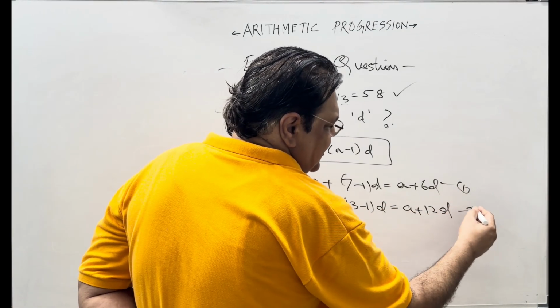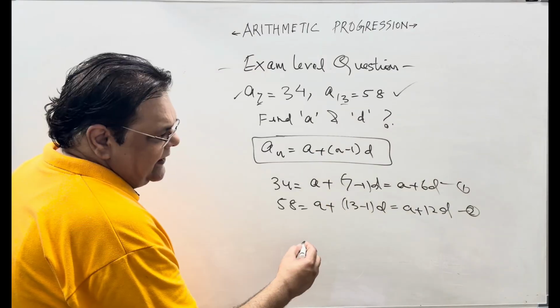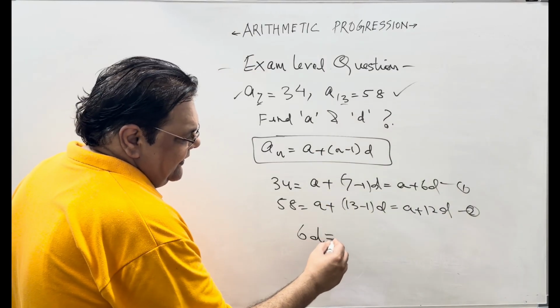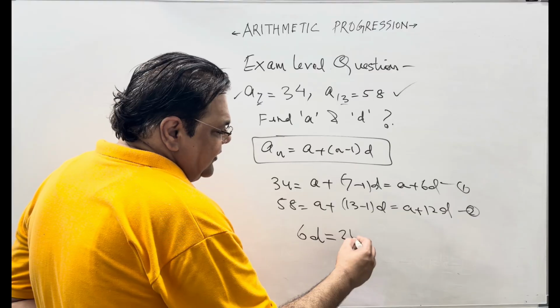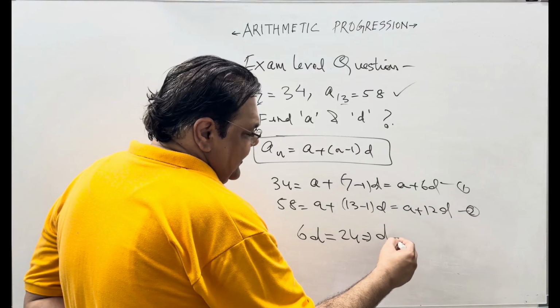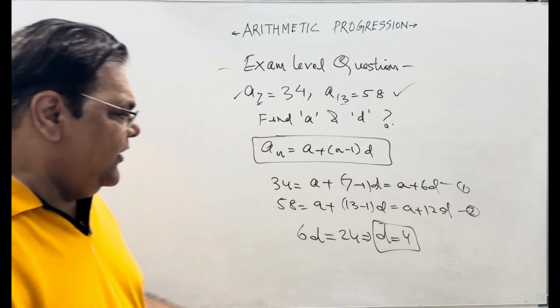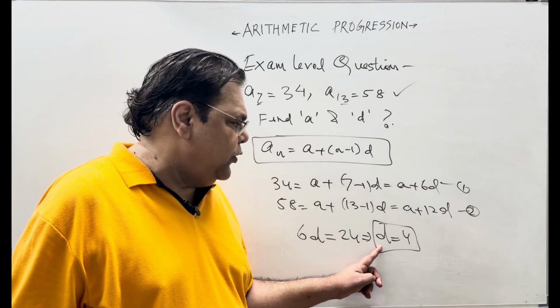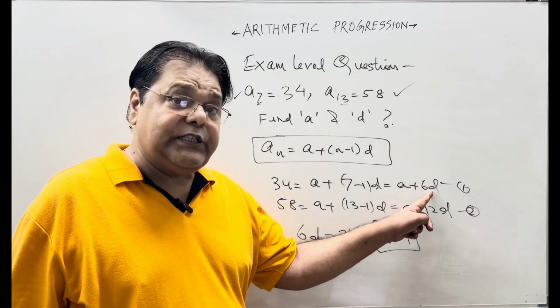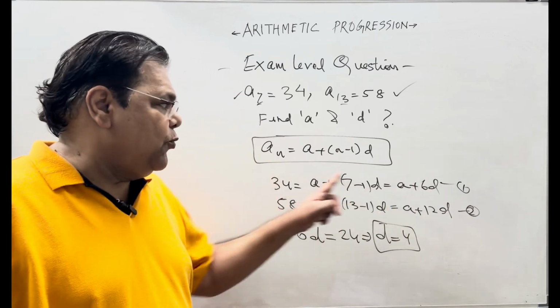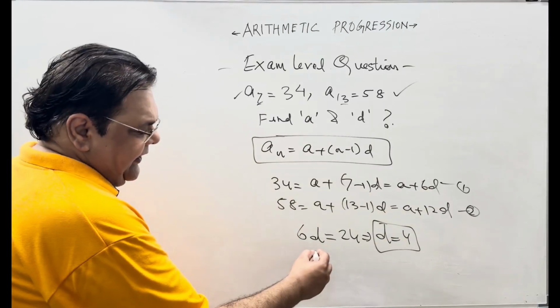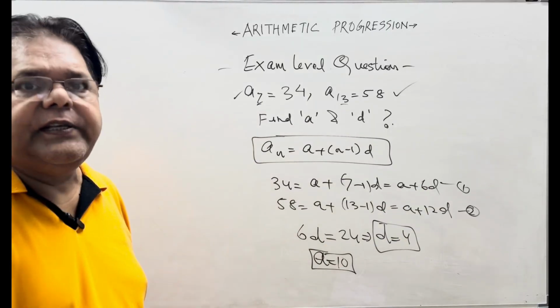This is 1, this is 2. When you solve 1 and 2, you get 6d is 24, which implies d is equal to 4. If you substitute this value, d is 4, 6d is 24, 34 minus 24, so a is equal to 10. You can expect such questions in the examination.